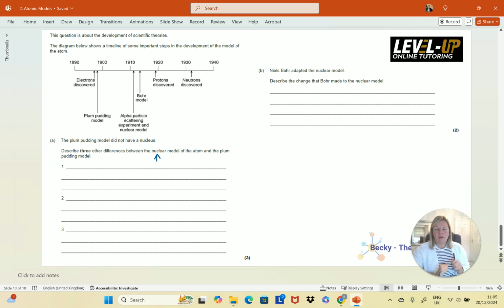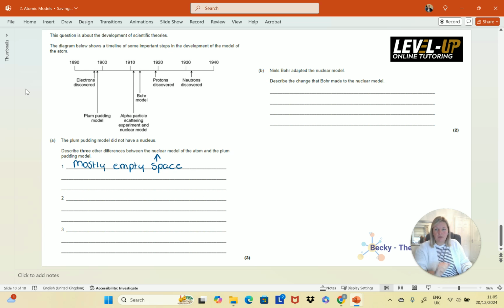Okay, so the plum pudding model did not have a nucleus, so we need to talk about other differences, 3 other differences. We can say it is mostly empty space, because the nuclear model is mostly empty space. The alternative, the other way to say that, would be that the plum pudding model is solid.